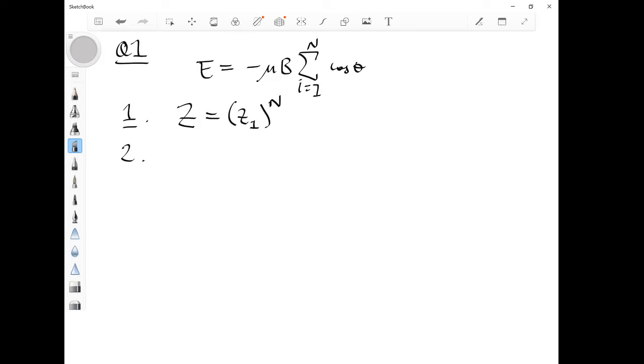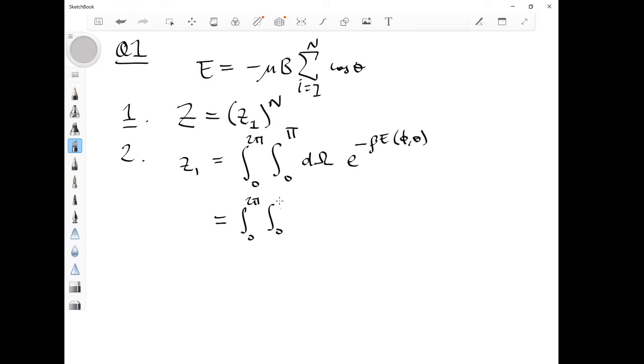So what we've got is Z1 is equal to the integral from 0 to 2 pi, 0 to pi, over our solid angle, let's call it d omega just for now, times e to the minus beta E, which is going to be a function of phi and theta, and this is equal to the integral from 0 to 2 pi, 0 to pi, sine theta d theta d phi, e to the minus beta times minus mu B cos theta. So we have that.